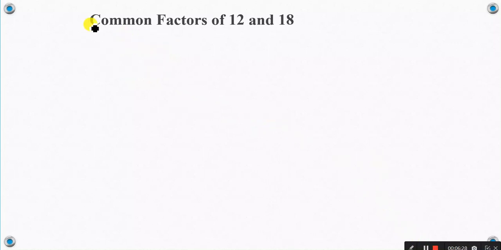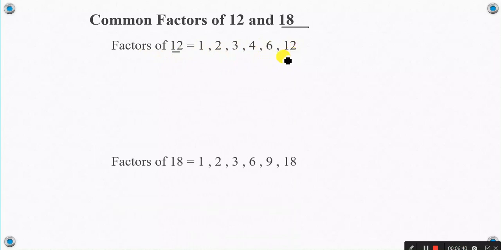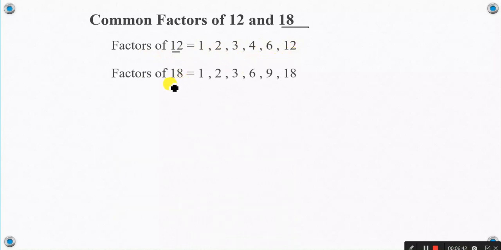Let us do more examples. Common factors of 12 and 18. First, the factors of 12 are 1, 2, 3, 4, 6, 12. And the factors of 18 are 1, 2, 3, 6, 9, 18.